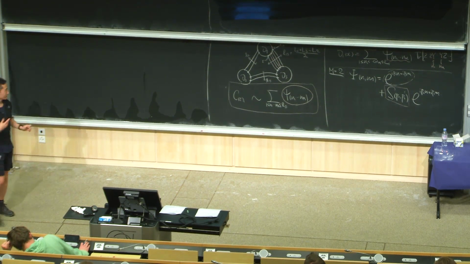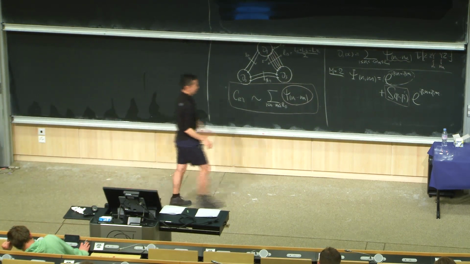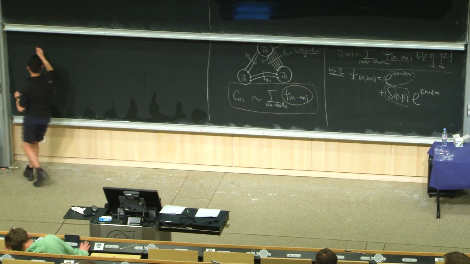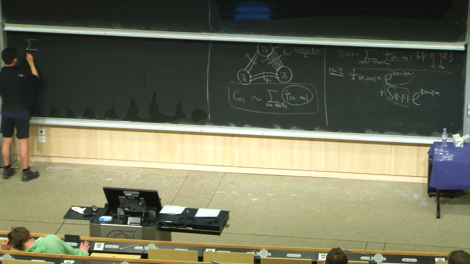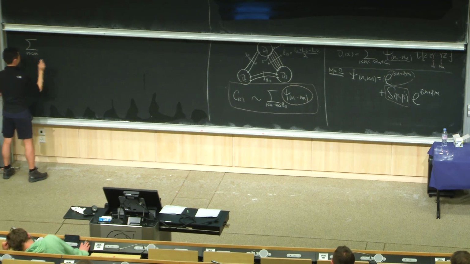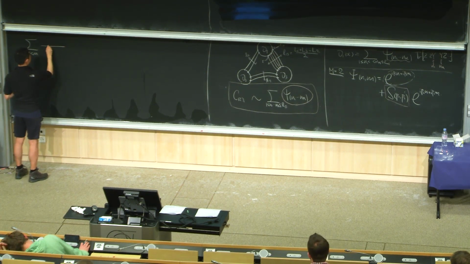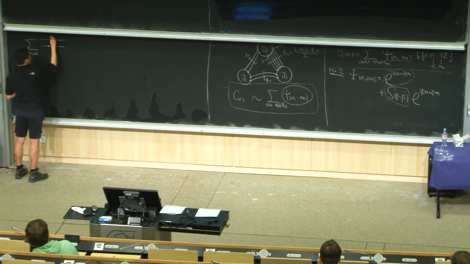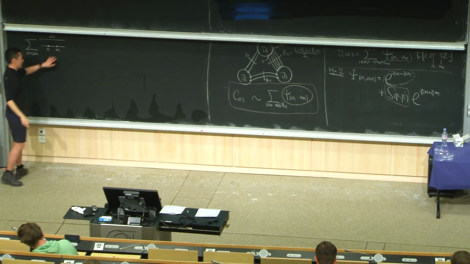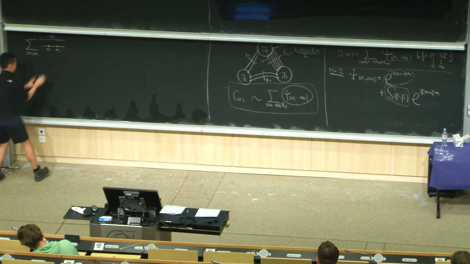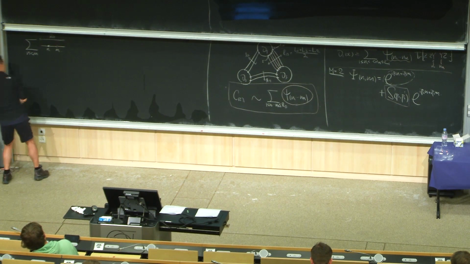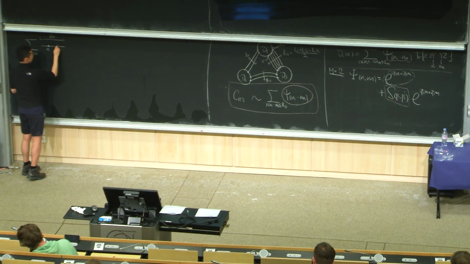Okay, so let's do the sum for this term. If I use the pictorial notation, then I have something like this. The total length is L, and I have a particle here at the nth position, and the second particle, which is red, here.